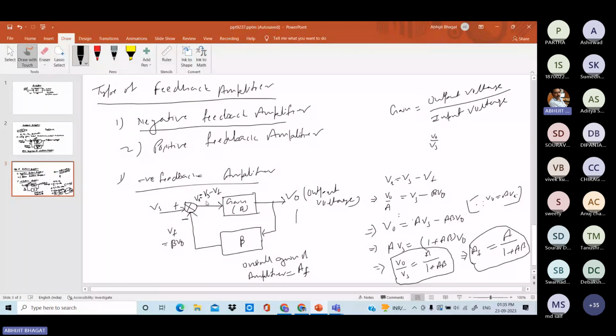Your Vi equal to Vs plus VF. Same type of derivation. All of you try to do it. You have to find out overall gain AF by using the positive feedback.